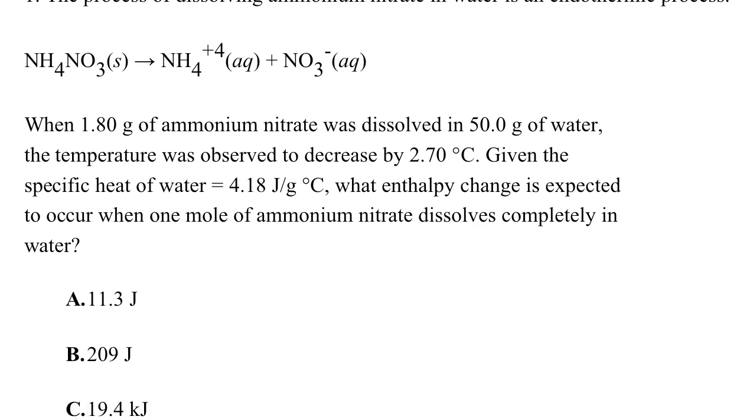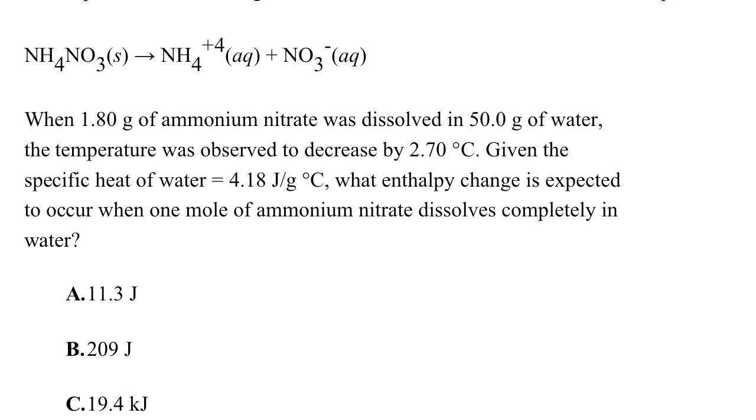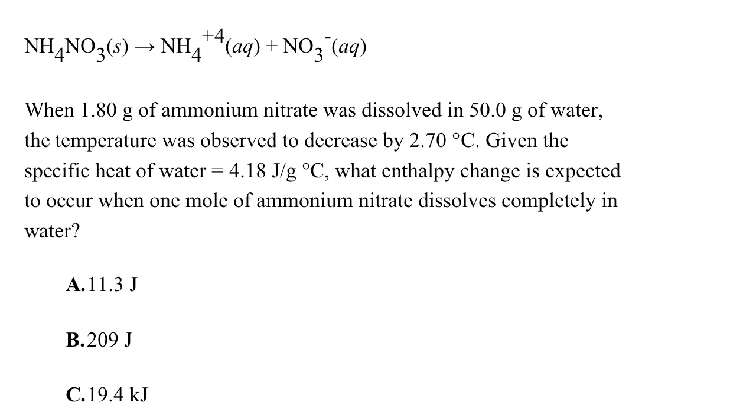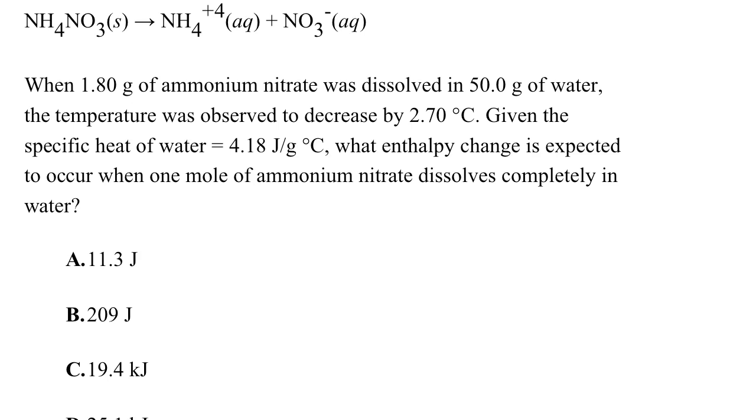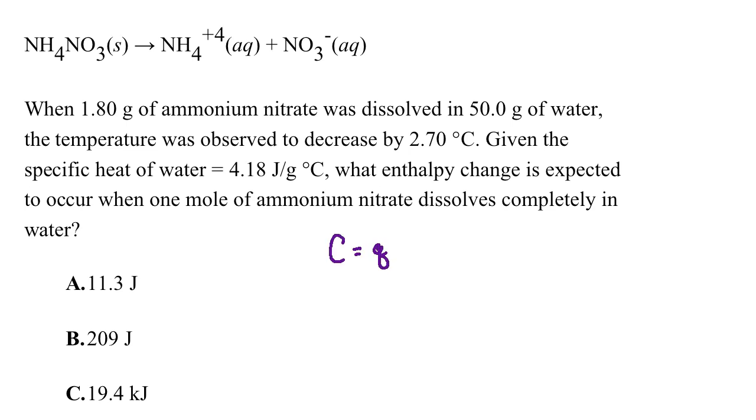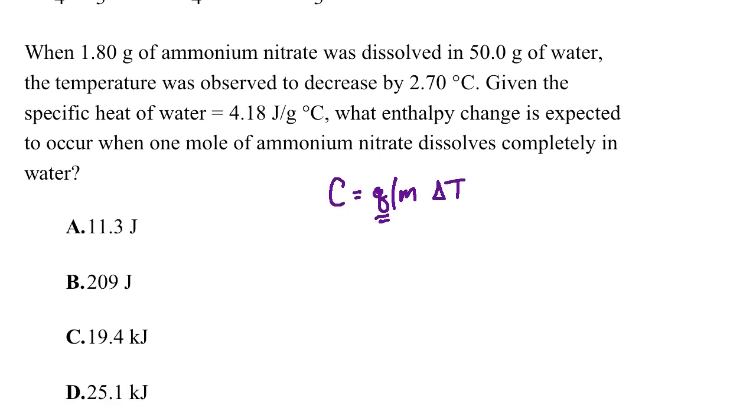All right. Now, they give us details here, and we are trying to work with heat capacity because they're giving the specific heat of water, plus they're giving the mass of ammonium nitrate. So the way that we want to work this out is that we could have C equals Q over M delta T. And we can rearrange this because we're really looking for Q in this case, because C is already given to us at the 4.18 joules per gram.